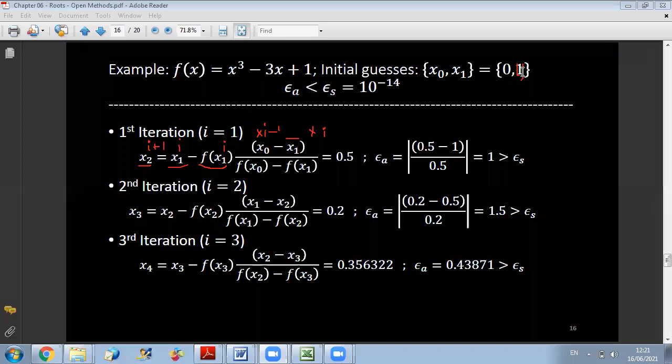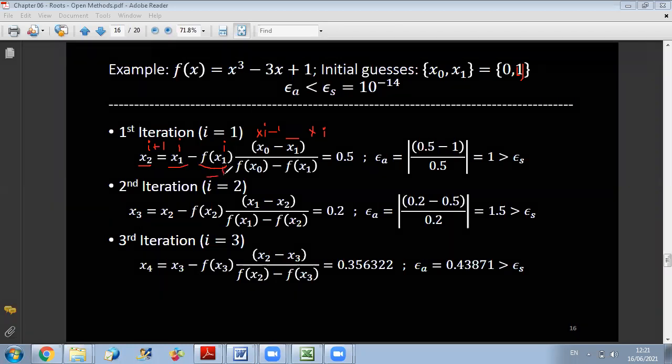If I replace x1 equal to 1, I have 1 minus 3 plus 1, which is minus 1. So f of x1 is minus 1. I have x0 is 0, x1 is 1. To get f at x0, I just replace x by 0 here.